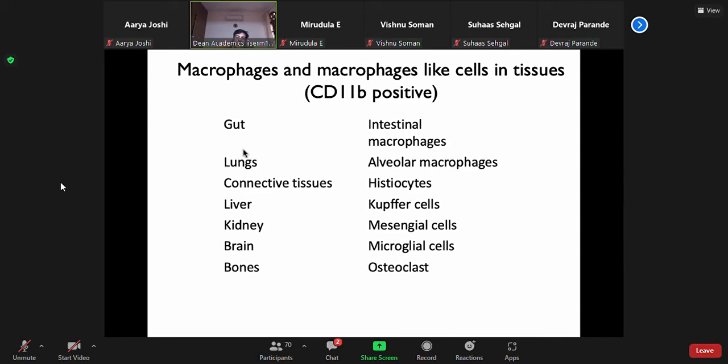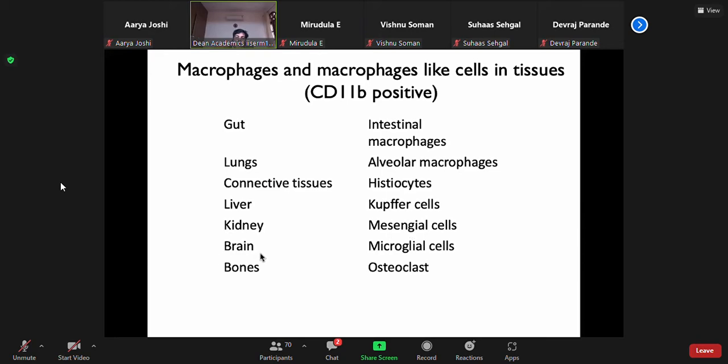Now in gut, these are called intestinal macrophages. In lungs, these are called alveolar macrophages. If these cells are present in connective tissues, you call them histiocytes. If present in liver, you call them Kupffer cells. If you find them in kidney, mesangial cells.